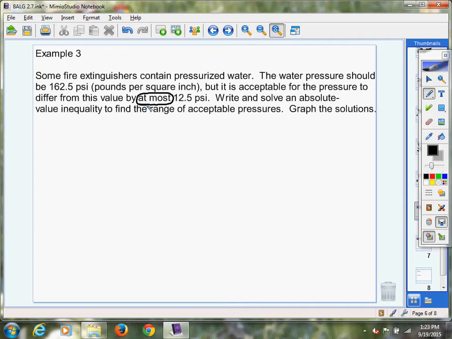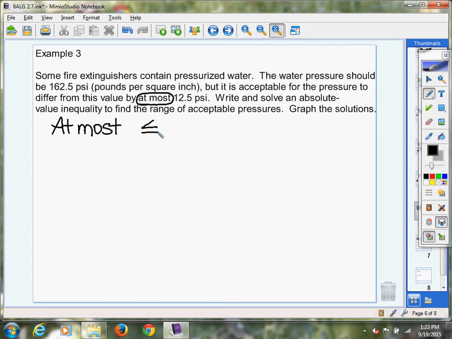At least, at most, less than, greater than. At most means it cannot be more than 12.5 psi difference, either direction. At most means less than or equal to. So go ahead and write that down in your notes. At most means less than or equal to.